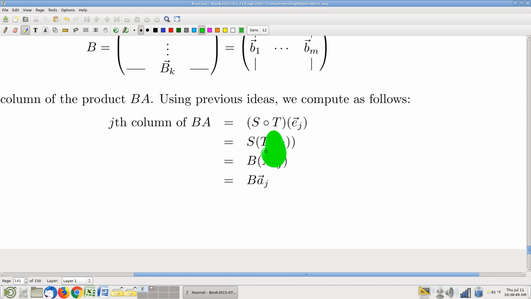And don't forget, columns are images of standard basis vectors. So what is T of Ej? Well, it's the jth column of the A matrix. And we now have matrix multiplication actually pretty much narrowed down to one choice. The way you compute the columns of a product is by doing what we've already decided a formula for, namely, we're going to take the left matrix and matrix multiply by the corresponding column of the right matrix.